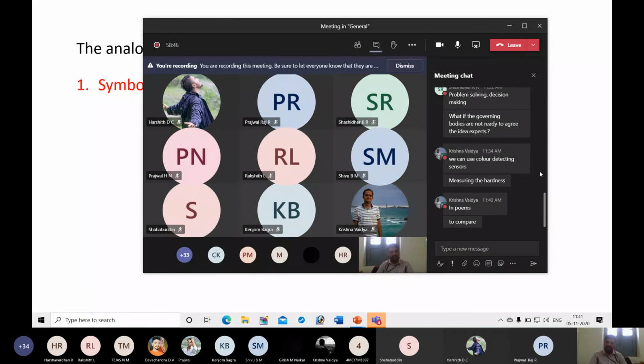Instead of that, you take some other thing, some other animal, some other person. Indirectly you are telling something instead of directly telling. So, to say directly what we want in an indirect way, in different ways, we make use of simile and metaphor.